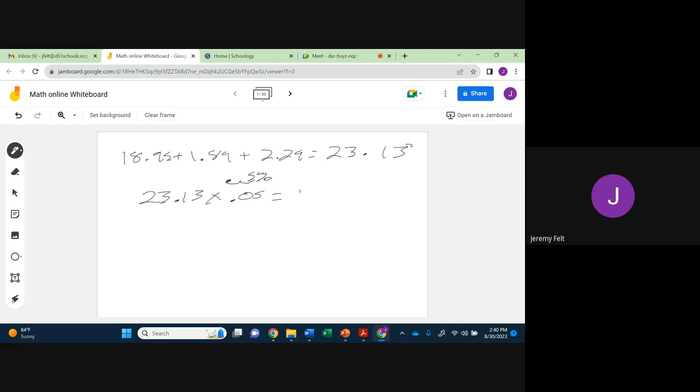That equals 1.1565. We want to round it to 2 decimal places because it's money. So the 6 tells me the 5 rounds up, and we're going to call this $1.16. Then we go back and add that to our original subtotal, which is $24.29.